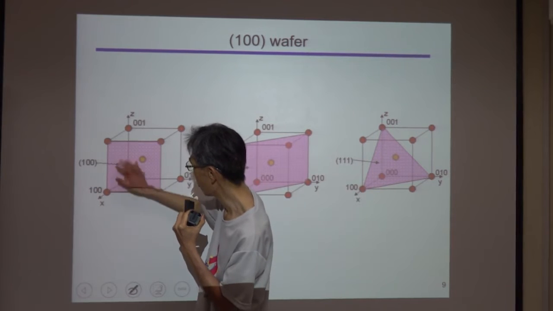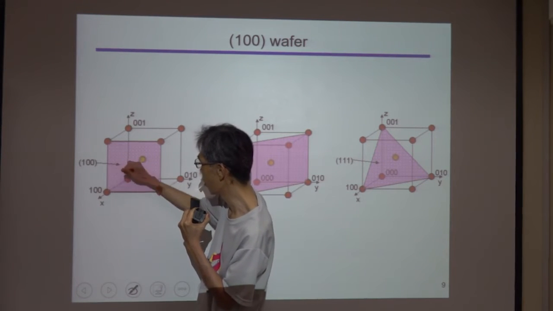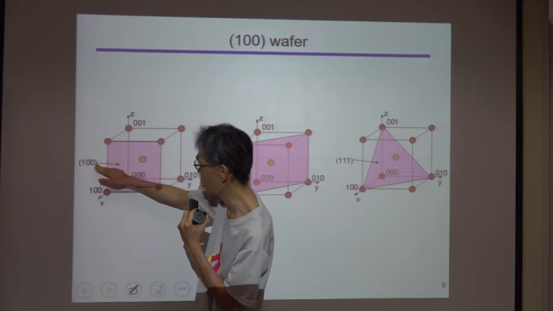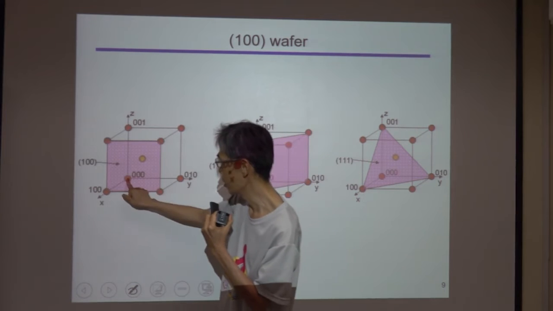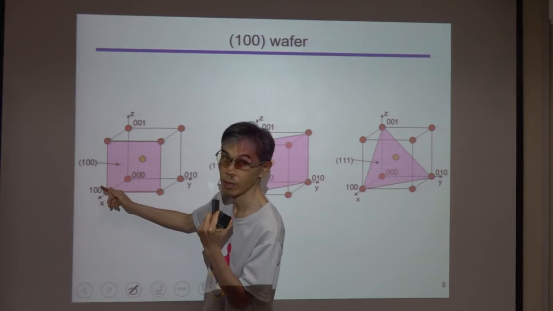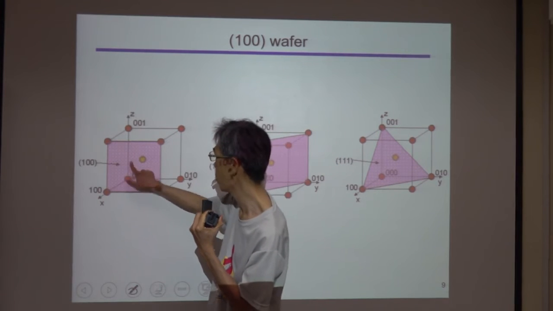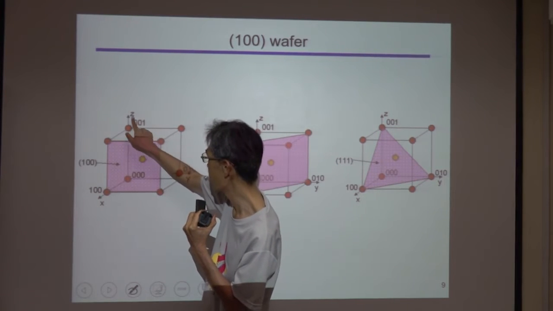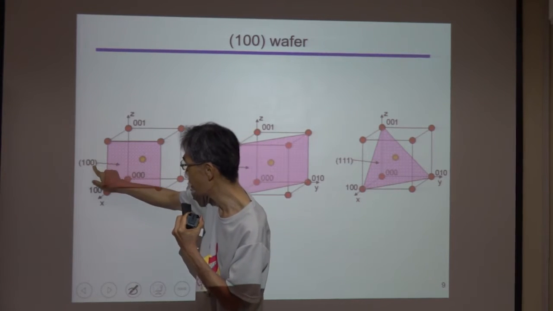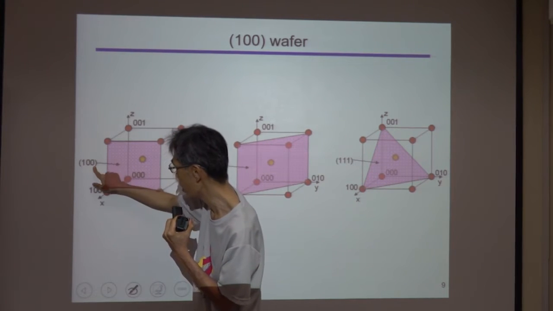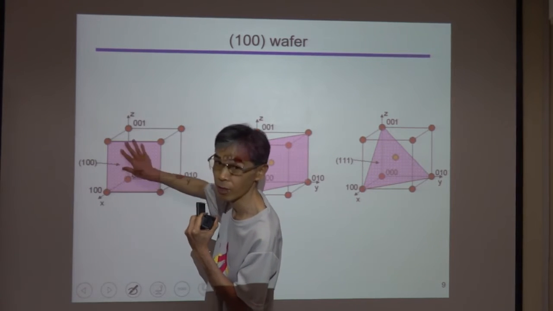Because the normal vector to this surface is 1, 0, 0, we call this surface the 1, 0, 0 surface. And this direction is the 1, 0, 0 direction. It's a vector. 0, 1, 0 vector direction, 0, 0, 1 vector. So this one is direction, and the parentheses, 1, 0, 0, represent the surface.